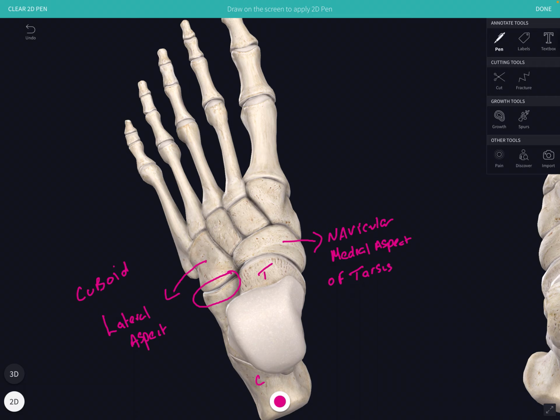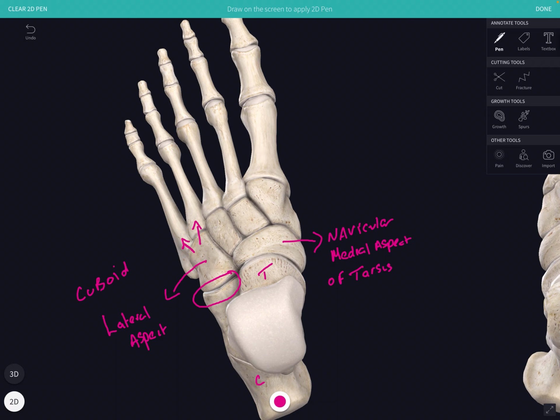The anterior surface of the cuboid is divided into 2 articular facets which articulate with the 5th and the 4th metatarsal. The upper surface of the cuboid is roughened and the lower or plantar surface is crossed obliquely by a groove at the lateral end of which is the tuberosity of the cuboid.